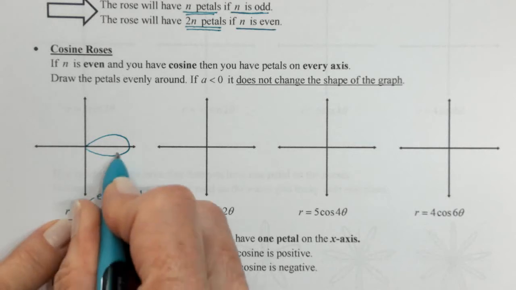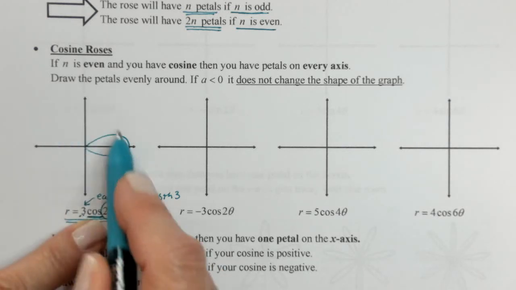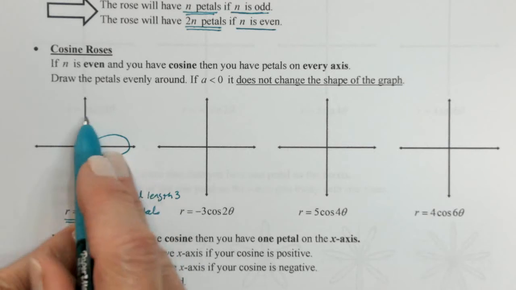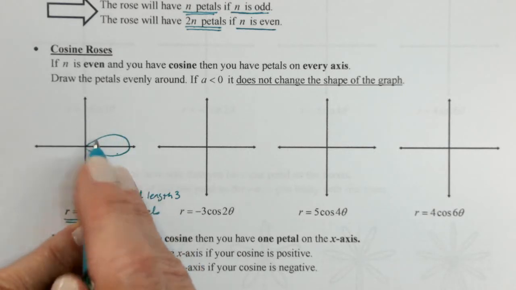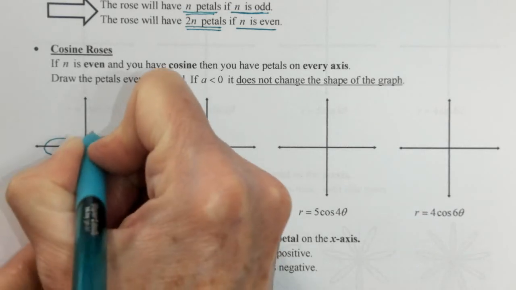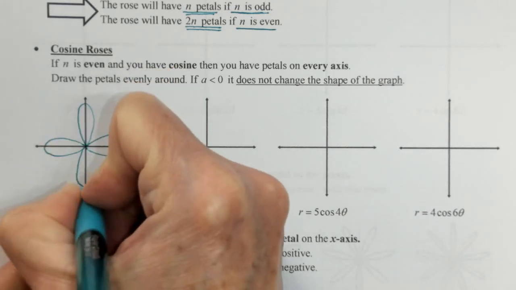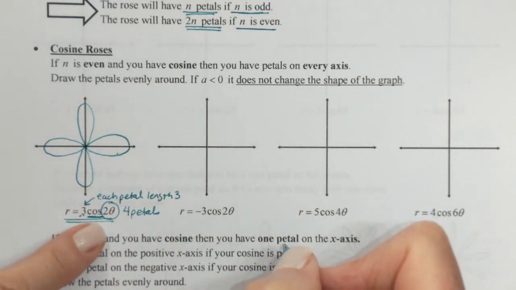Positive 3, positive x-axis for cosine. And now I need a total of 4 petals. They need to be evenly distributed around the graph. They're not like all going to be in the first quadrant. Okay? They're going to be evenly distributed. So I'm going to have one here, and one here. Okay? That's the graph of this one.